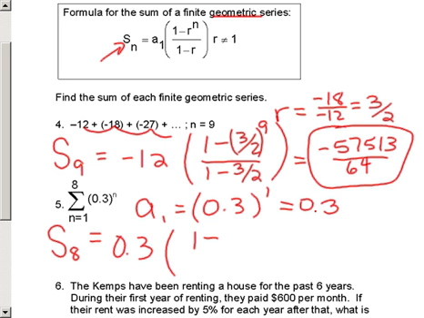Okay, now how can we find R? We could find A2, right? What would be A2? Good. It would be 0.3 to the second, and then you could take 0.3 to the second divided by 0.3 to the 1. Remember, your ratio is your A2 divided by your A1.